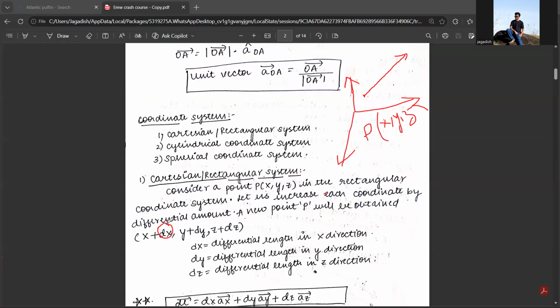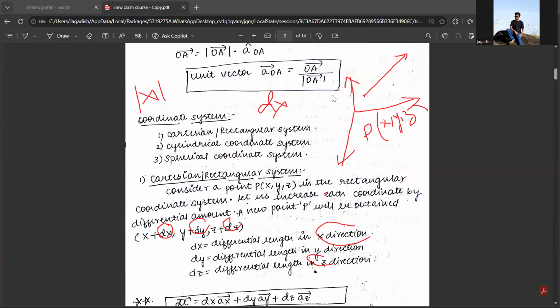If it is x, students, it is called length of x. If it is differential, it is dx. So if we increase each coordinate by the differential amount, the next point P will be obtained by x plus dx, y plus dy, z plus dz. Here dx we will call the differential length in the x direction, dy the differential length in the y direction, and dz the differential length in the z direction.